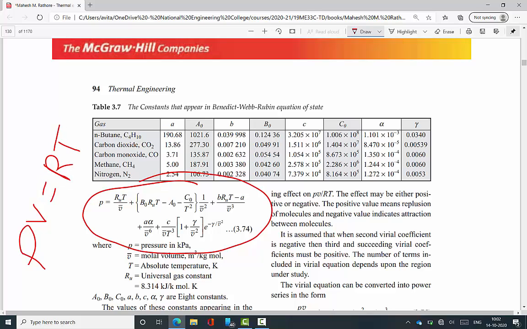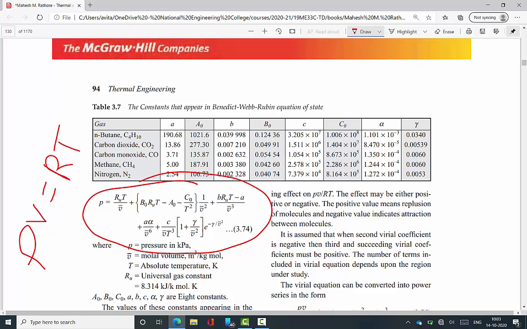This is the difficulty of the equation, because real situations are very difficult. For ideal gas we can assume anything, but for real gas we have to define each and every step and component. Therefore, that equation becomes very difficult. Remember, PV equal to RT is the equation of state for ideal gas, but Benedict introduced the equation of state for real gas like this.